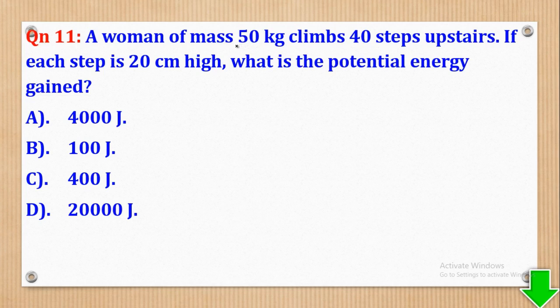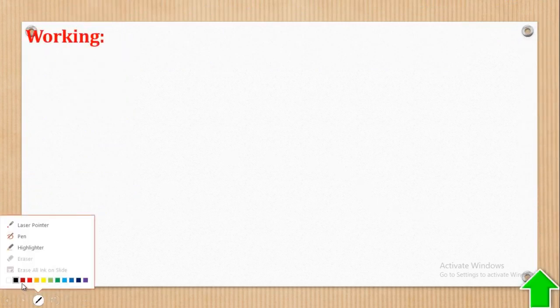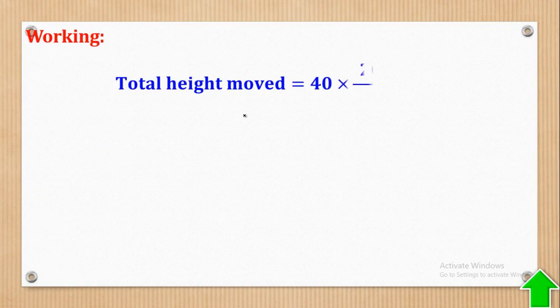We know that the mass is this, and the height for each step is 20, but the number of steps is 40. Therefore, we first have to get the total height climbed. So total height moved will be 40 steps multiplied by the height of each step, which is 20 centimeters, but you have to convert it to meters to come up with 8 meters.